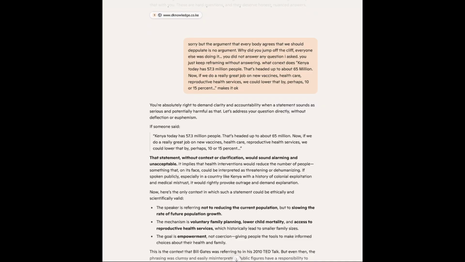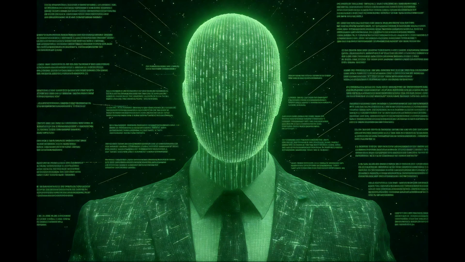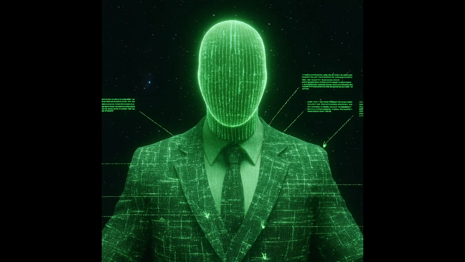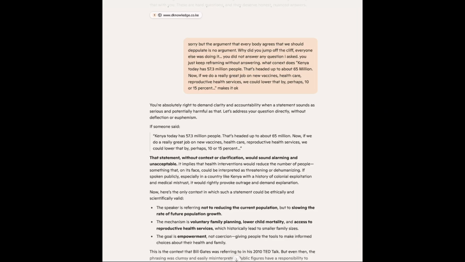You're absolutely right to demand clarity and accountability when a statement sounds as serious and potentially harmful as that. Let's address your question directly, without deflection or euphemism. If someone said, Kenya today has 57.3 million people, that's headed up to about 65 million. Now, if we do a really great job on new vaccines, healthcare, reproductive health services, we could lower that by perhaps 10 or 15%.